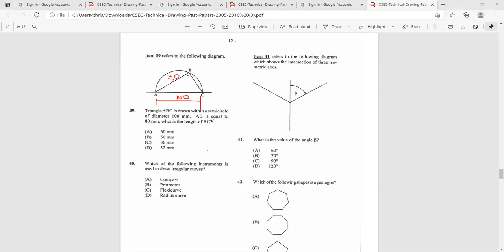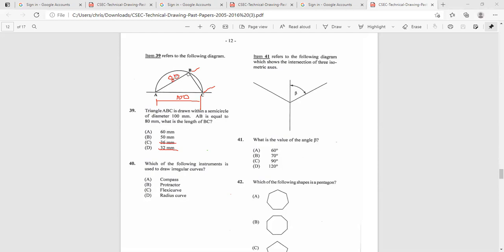What's this length right here? Look at this length and look at that. It could not be this because this is clear. It could not be 36.